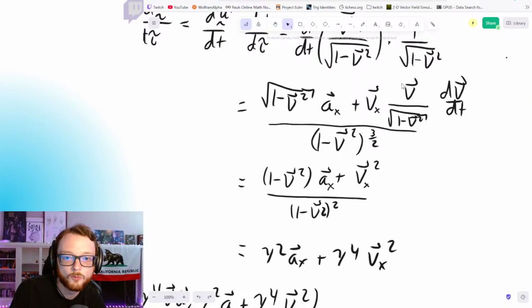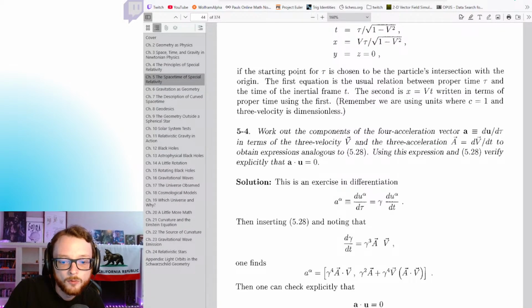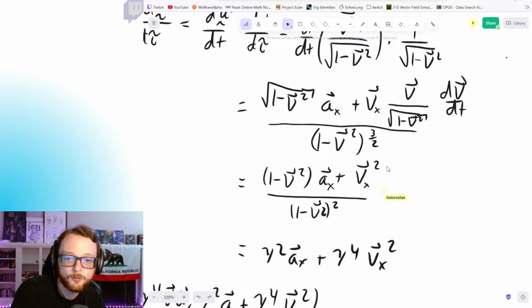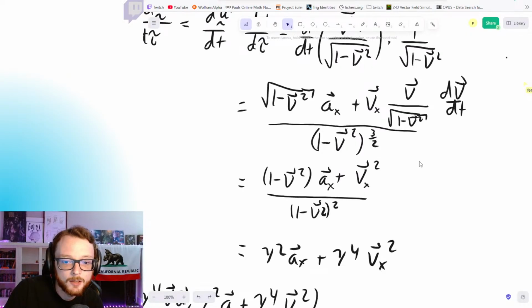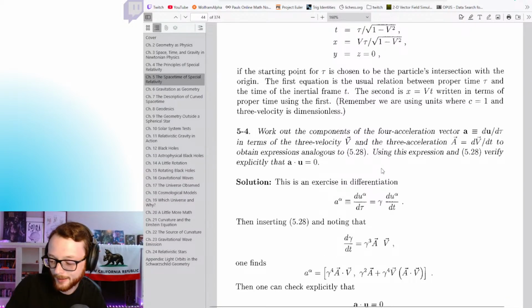So I guess we're ending up with vx v dot a. Well, that's fine, because when we sum them, we'll have vx v dot a plus vy v dot a plus vz v dot a. And when we factor it out, it'll become v. Does that sound right? It might work.